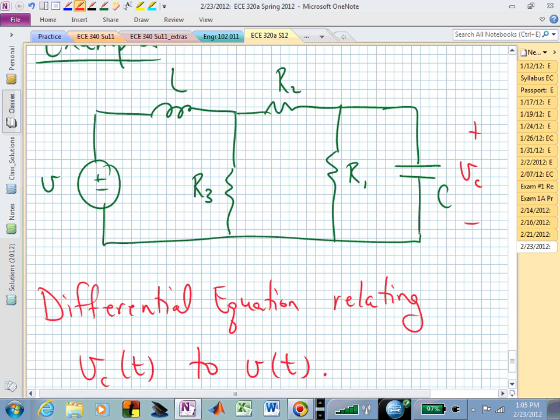And if we did some analysis, we might say, oh, well, we'll write node voltage analysis, or we'll do mesh analysis. In this case, what would you probably prefer to do if you were doing one of those two, node voltage or mesh?